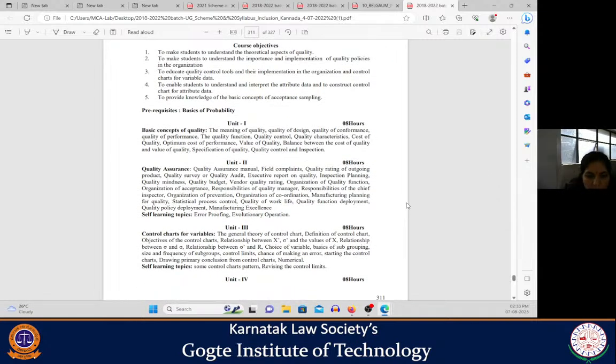The third unit is about quality control charts for variables. These charts are used to evaluate variations in a process where the measurement is a variable, for example length, width, or thickness. You can apply these in any sector where you have a measurement concept.